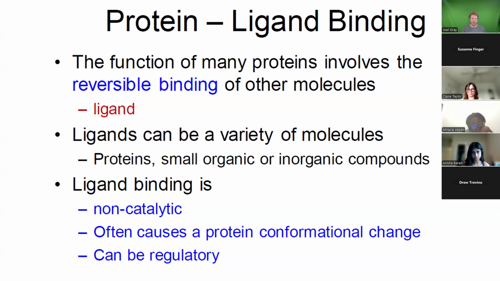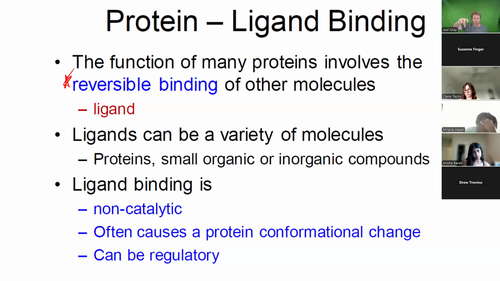Our oxygen binding proteins, hemoglobin and myoglobin, are a great model for reversible binding of a protein onto oxygen. There are some important things to know about this. First and foremost, this is reversible.